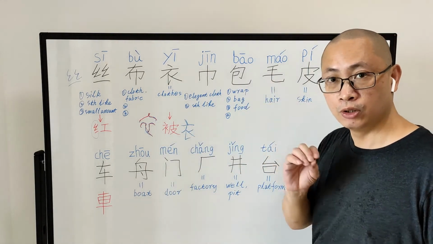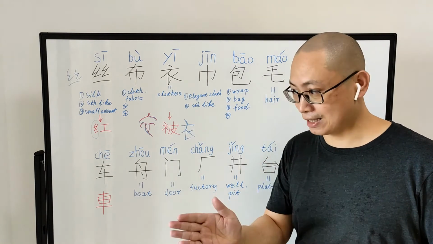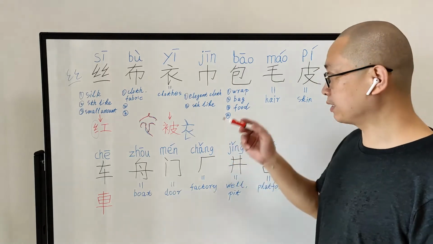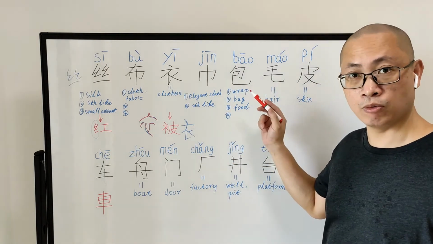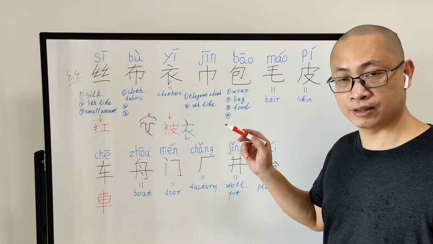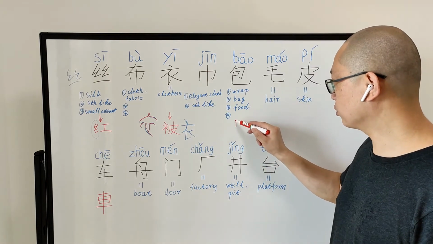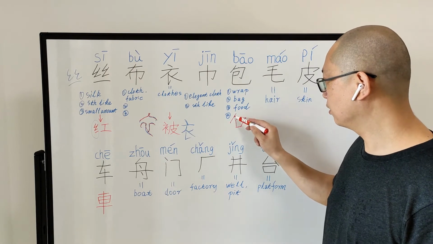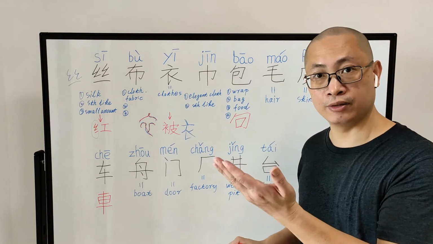This character usually does not exist as its own single character. And how to memorize this character in an easy way? Think like this. This is your mouth. This is your hand.